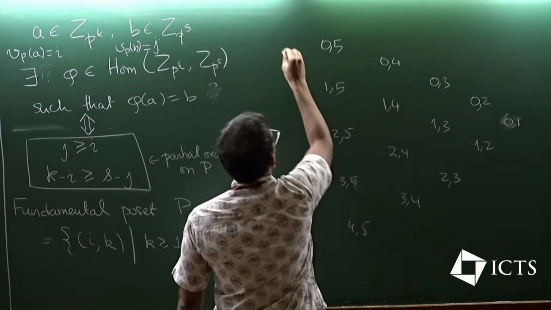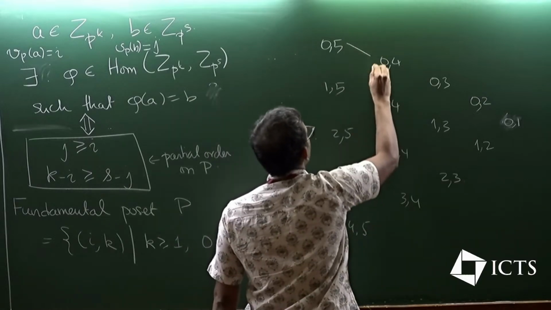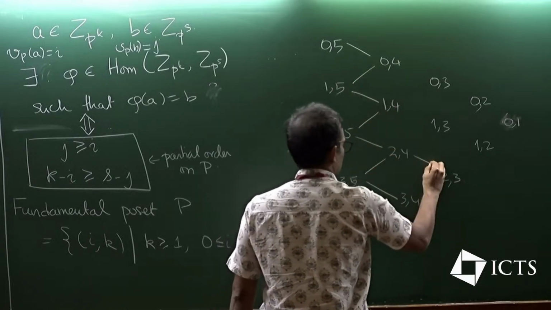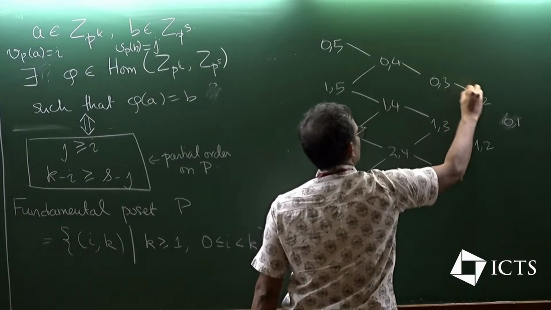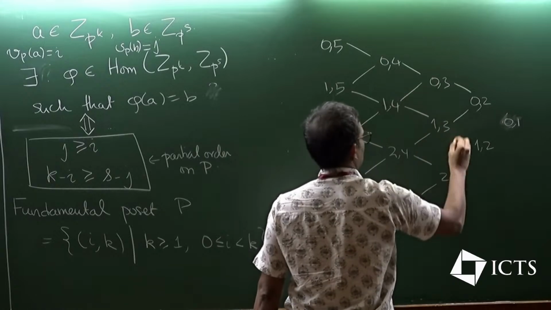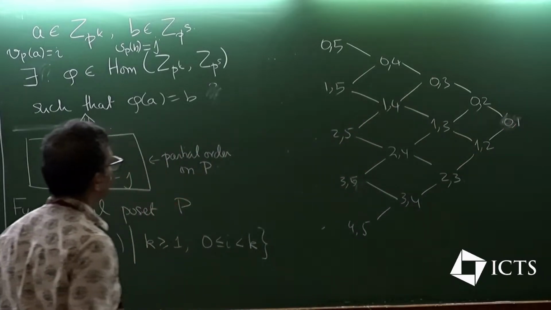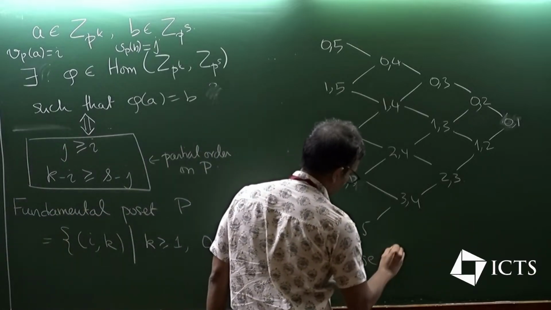And it goes on, right? And the cover relations are just these things. I hope I drew them all. Okay, so this is the Hasse diagram of P.